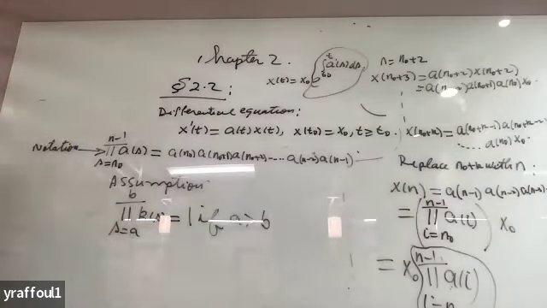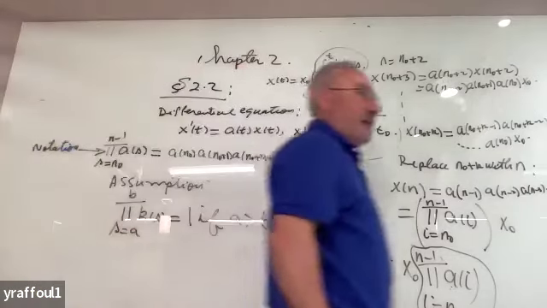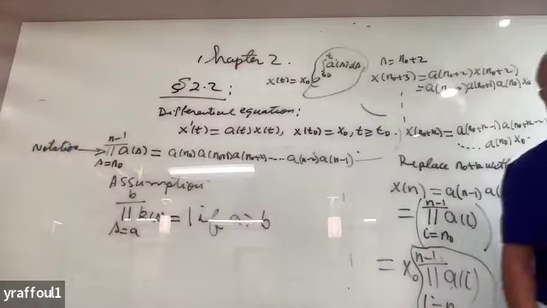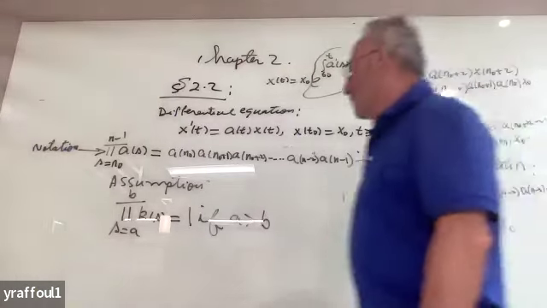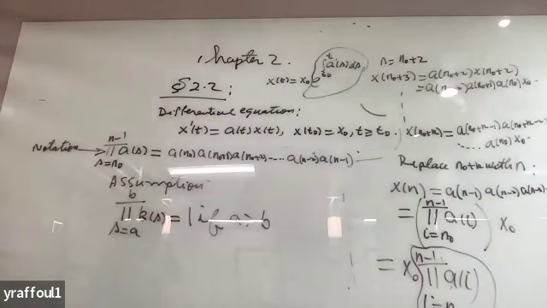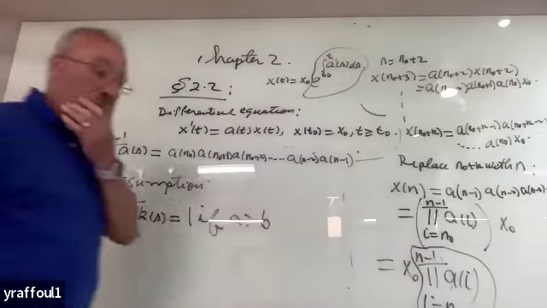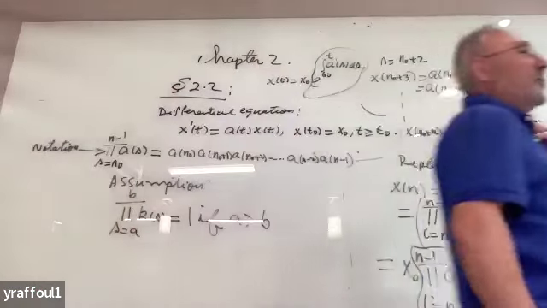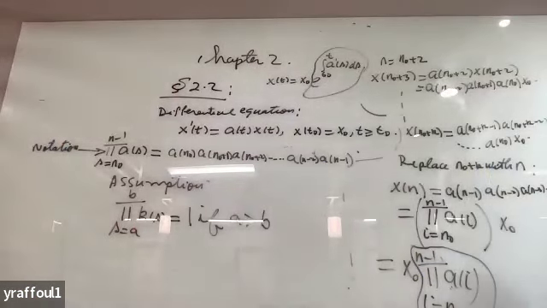It's like exponential of 0 is 1. Okay? So this is what we're going to agree on. Any questions?